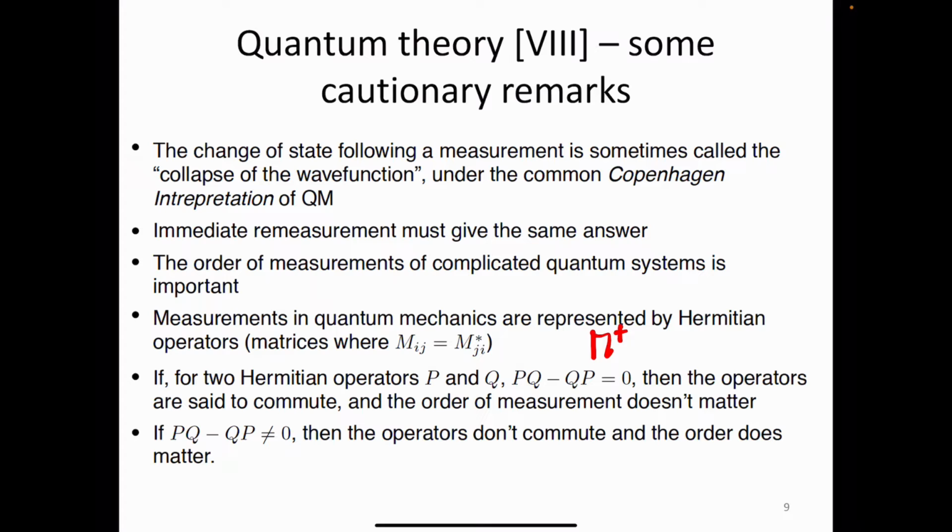If you get 0 here, then the sequence doesn't matter, and the operators commute. On the other hand, if they do not commute, then the order matters. Let's say you have these two operators, and you apply P and then Q to your state. You will not get the same result as applying Q and then P to your state. That's important to keep in mind.